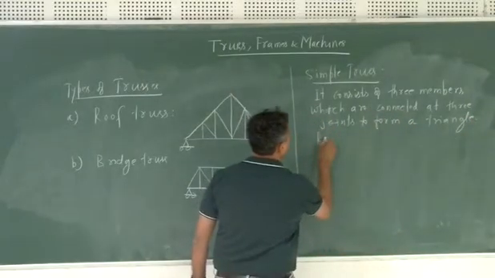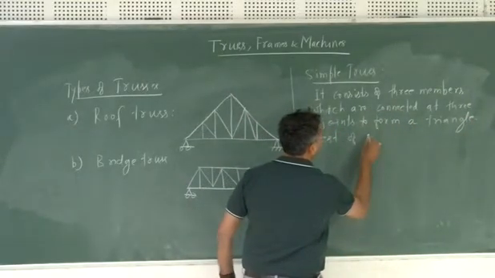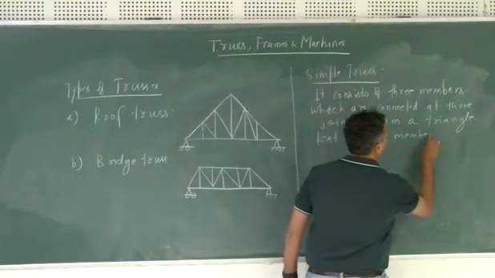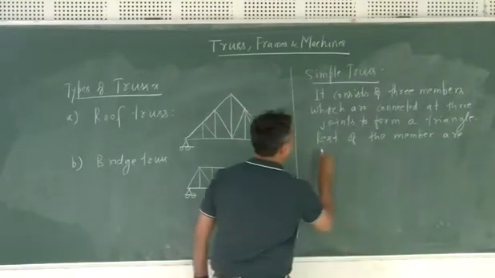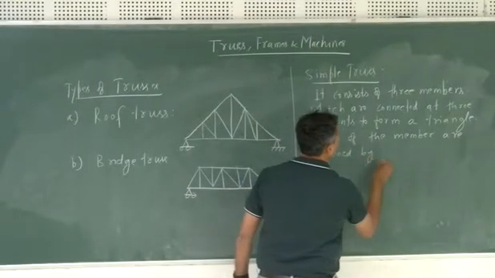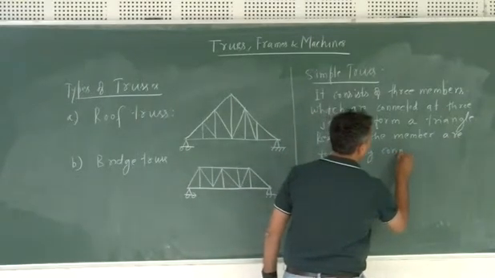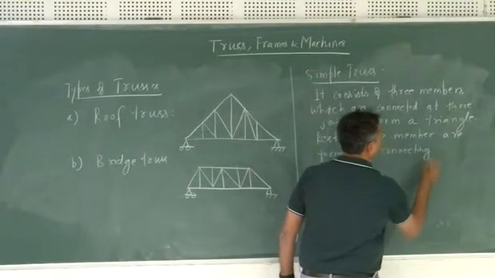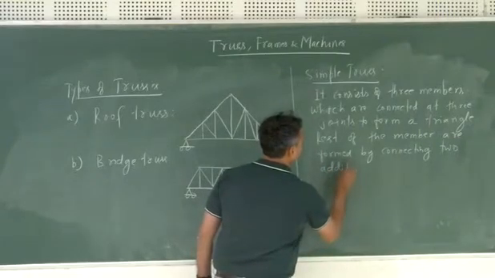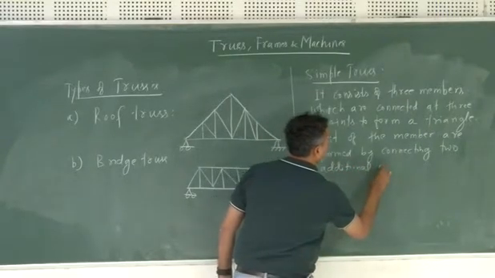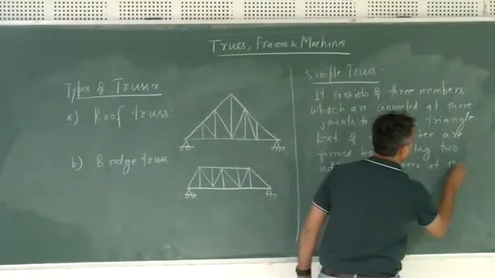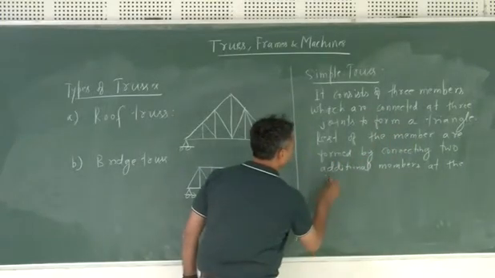And the rest of the members are formed by connecting two additional members at the joints.